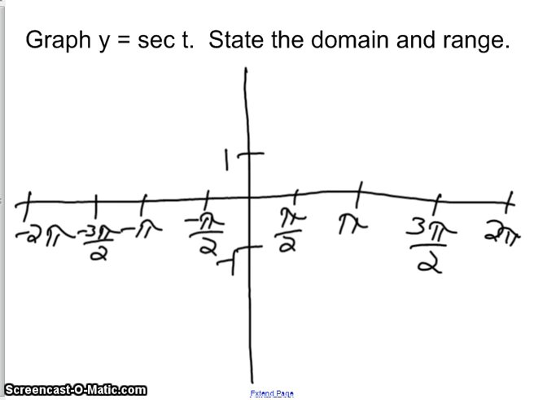So cosine is 0 at odd multiples of pi over 2. That's where I'm going to put all of the vertical asymptotes for secant.